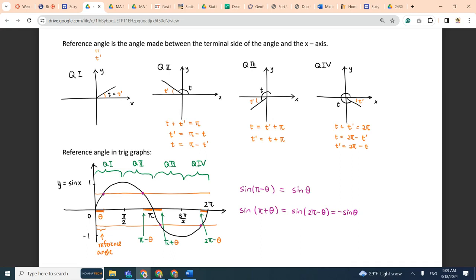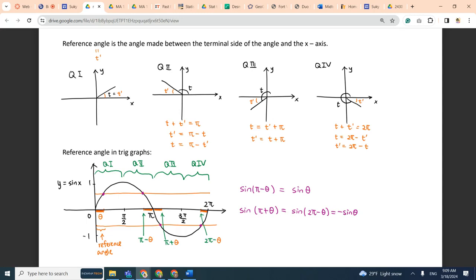How about these two angles? Do you see the sine of pi plus theta and sine of 2 pi minus theta? And what's the y value? It's negative of the sine theta. Can you see from the picture, everybody?